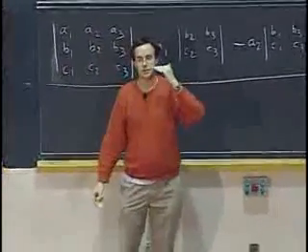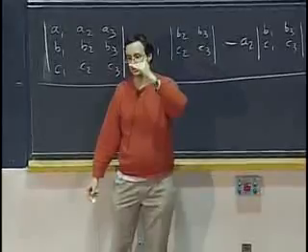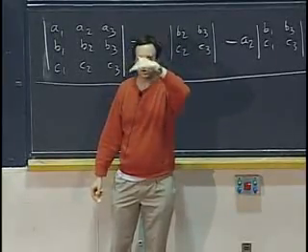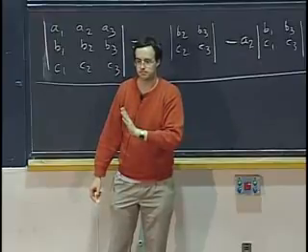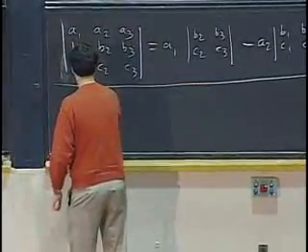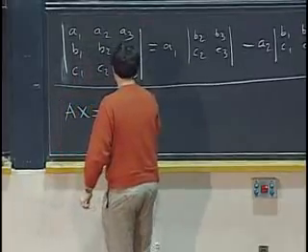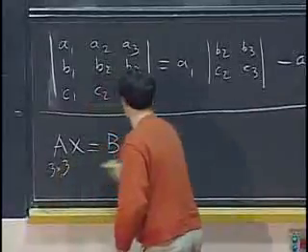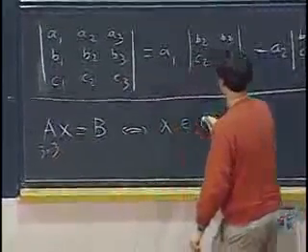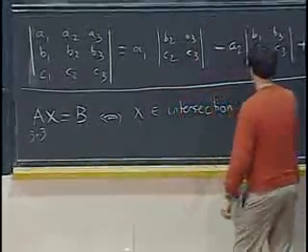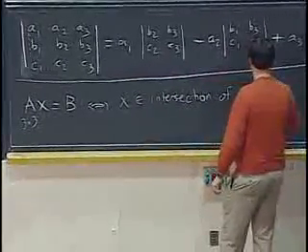Remember, you can think of a linear system as asking you to find the intersection between three planes, because each equation is the equation of a plane. So Ax equals B for a 3x3 system means that X should be in the intersection of three planes.